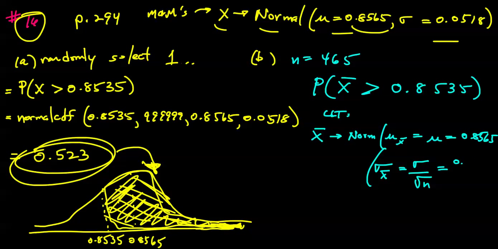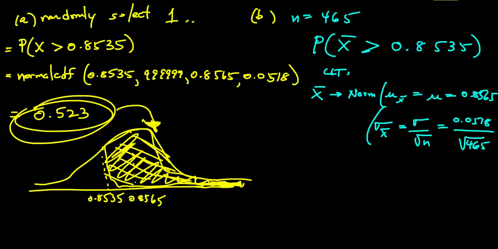And here that's 0.0518, and the sample size is 465, so the denominator is going to be the square root of 465. So I know the distribution of x bar is normal, so I can use my normal CDF command now to grind out the probability I seek. Let me be sure I got enough room here, because it's going to be a long command. Normal CDF.